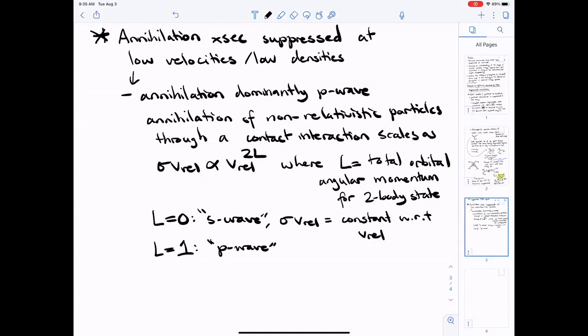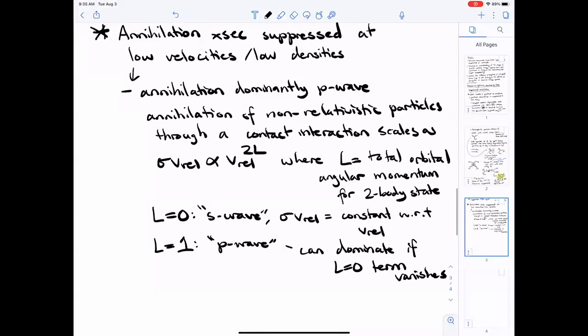So this P wave term will be the dominant term in the expansion at low velocities only if the L equals 0 term is 0 or very strongly suppressed. Okay. And basically the case where this P wave term is dominant is usually because there's some selection rule that forbids the L equals 0 annihilation.